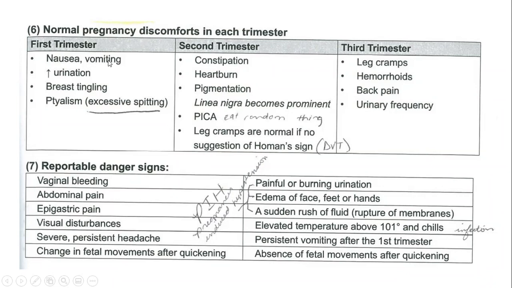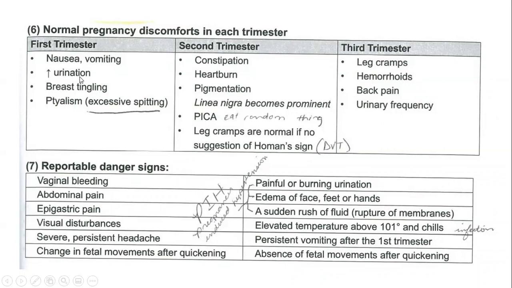If you educate your patient, they will be aware and concerned about it, and it will be easier for them to accept. First trimester nausea and vomiting is a common sign, but if nausea and vomiting continue into the second or third trimester, it is a danger sign.